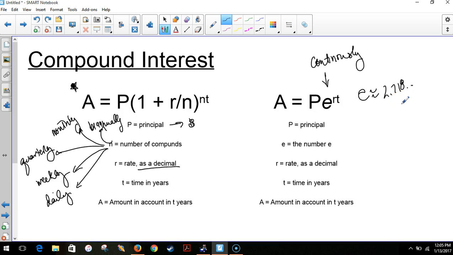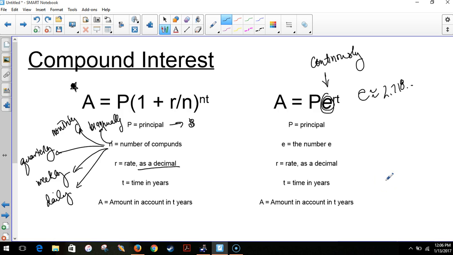Of course, we have an E button on our calculator, and that will be very helpful, as you'll see in a few minutes. P is still principal, R is still rate as a decimal, T is still time in years. What happens is that 1 plus the R over N kind of gets eaten up and turned into the number E. A is still the amount in the account in T years.